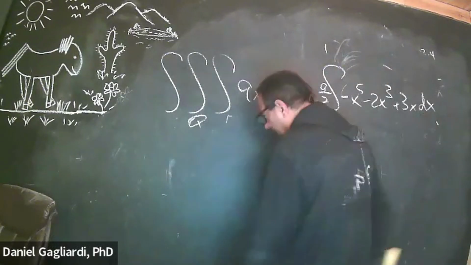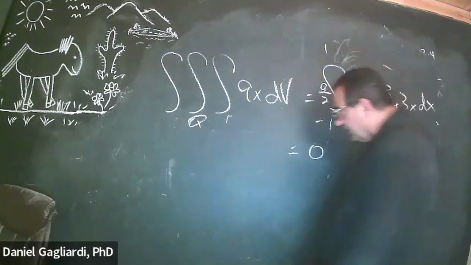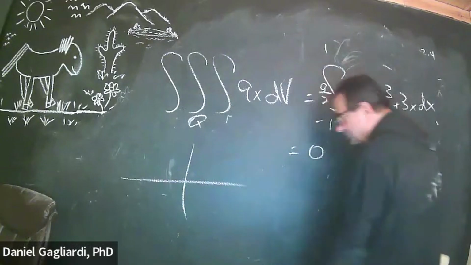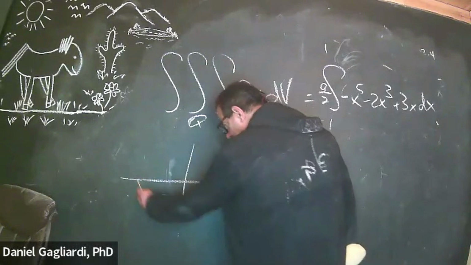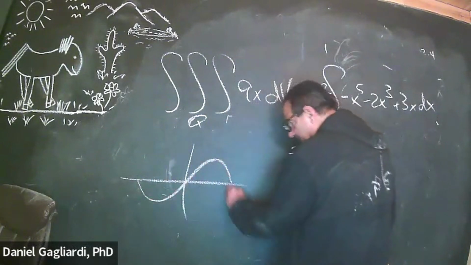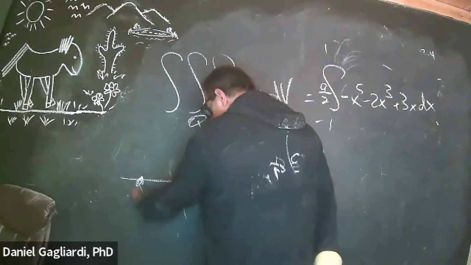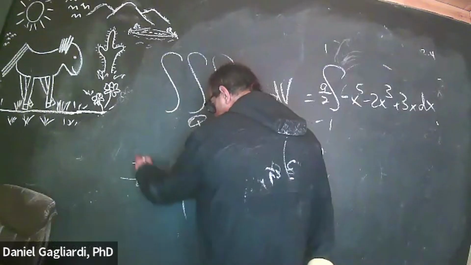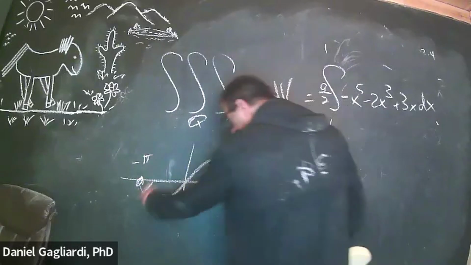You know how even functions are symmetric about the y-axis, an odd function is symmetric about the origin. And what that means is we have a function that looks like sine. That's a good example. If I'm integrating sine between negative pi and positive pi, look what happens.